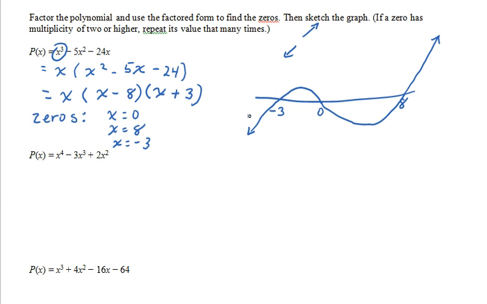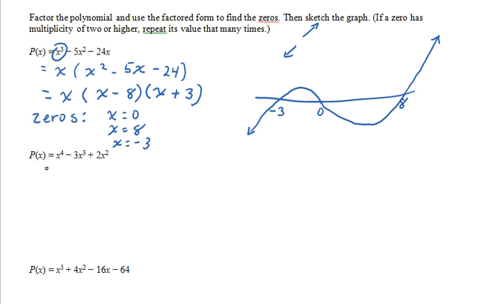So it will have one local maximum, one local minimum. No statement is being made as far as how far away from the x-axis the graph gets at that maximum or minimum value.